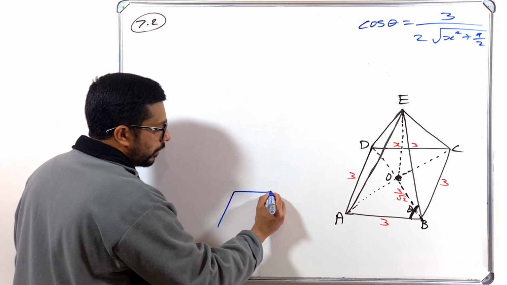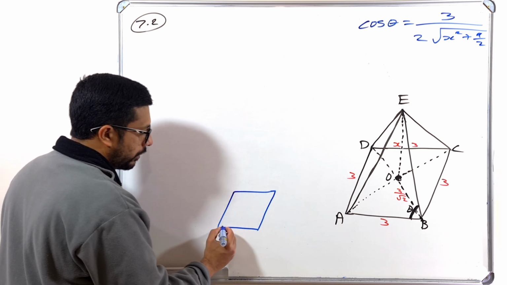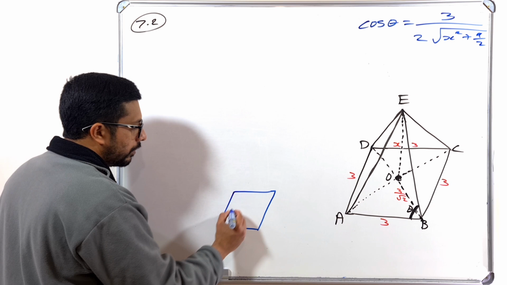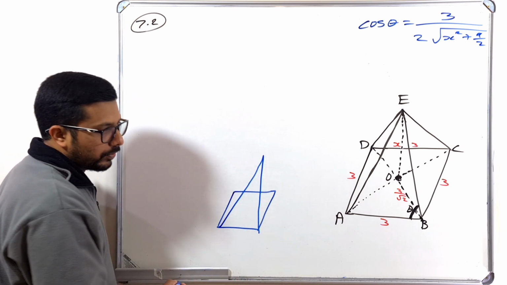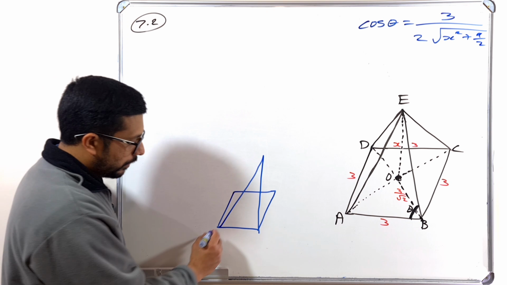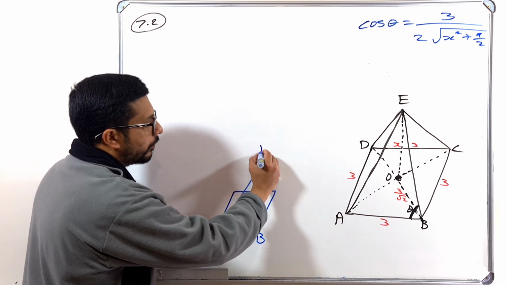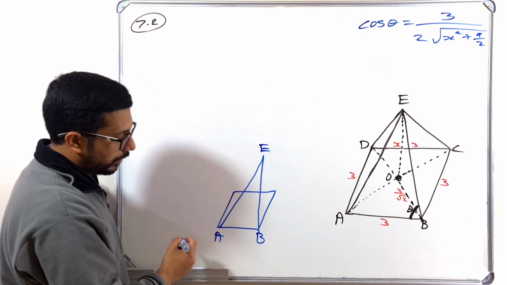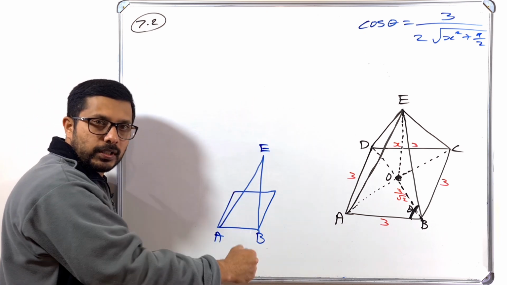This is a square, and can you see there is a triangle like this? You have to identify that one. This is A, B, and this is our E. Can you see the front side triangle standing upwards? Like this.